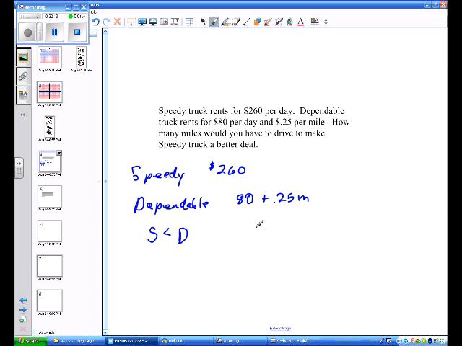And so that's the inequality we set up. When is 260 less than 80 plus 25 cents per mile? And that gives us then our inequality. So let's solve it. So we're going to subtract 80 from both sides.